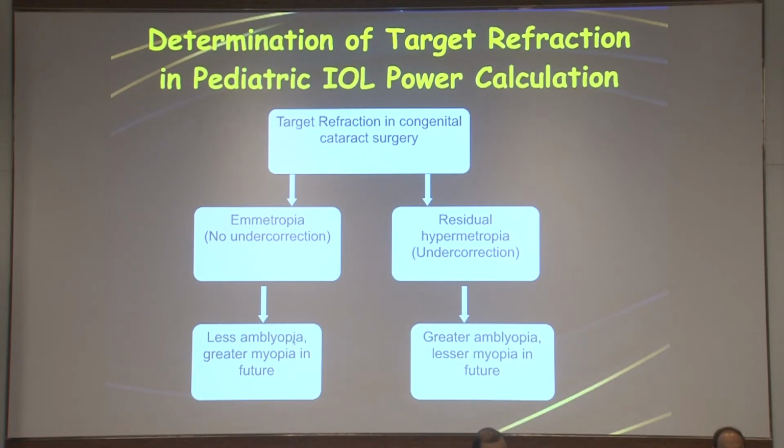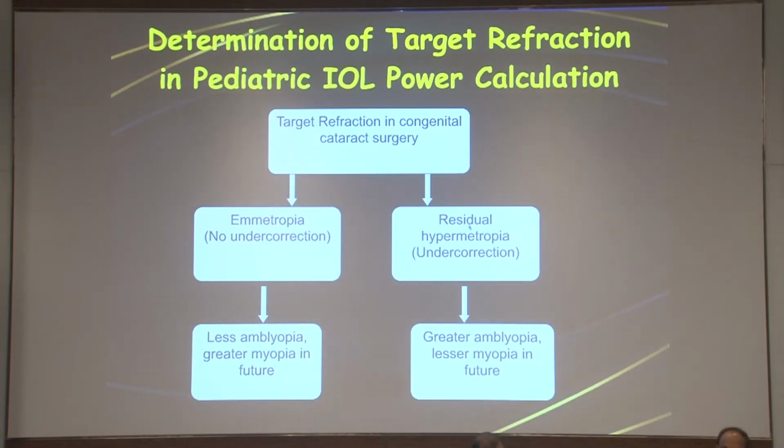so there are lesser chances of refractive-induced amblyopia, but a very high chance that the child will end up being extremely highly myopic as it grows, and this is particularly true for very young children. All of this mainly applies to younger children. For children older than 7, 8 or 9, these things may not matter very much.